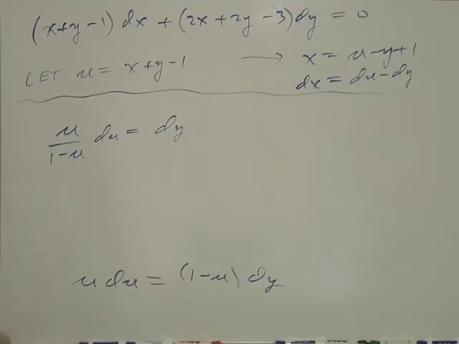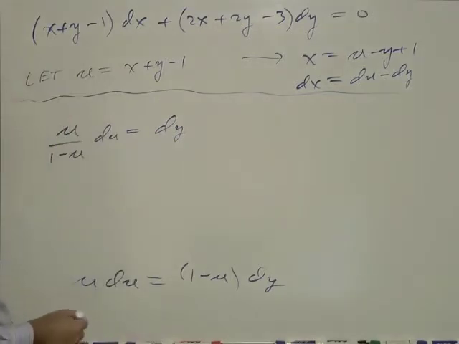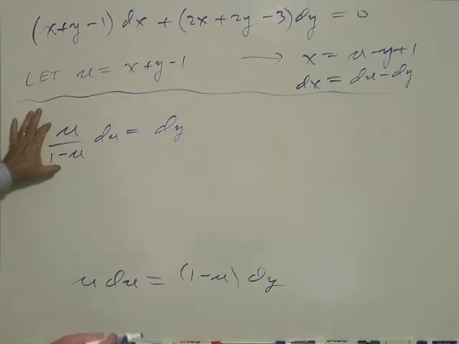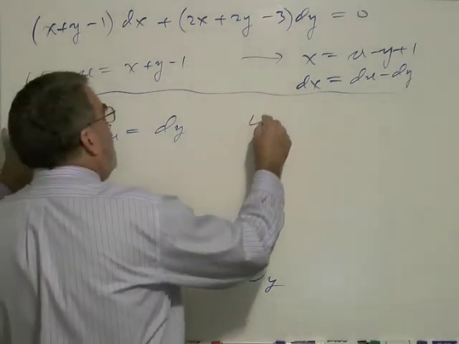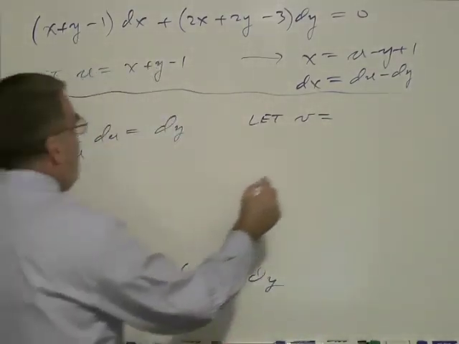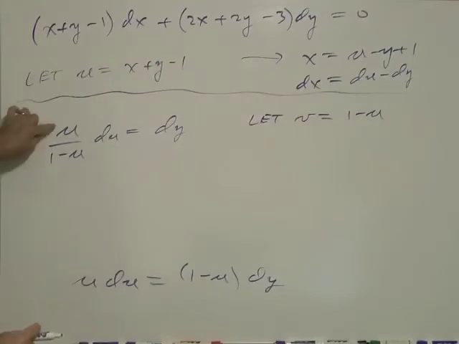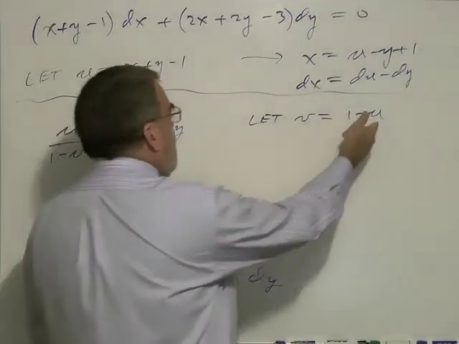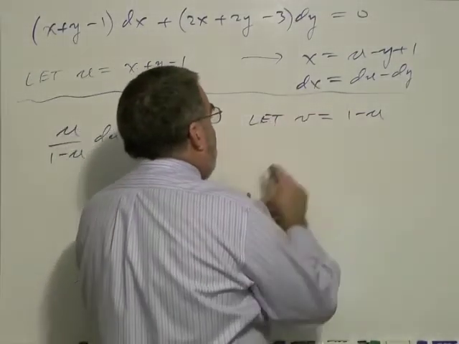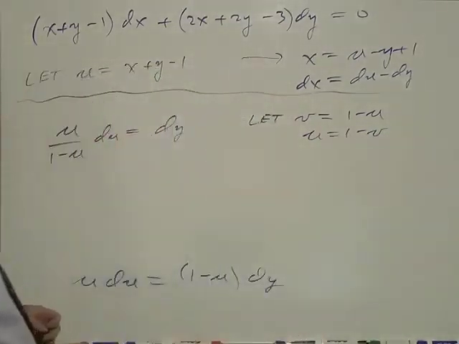How do you integrate that? Let's do a substitution here. Let's use v. I'm going to let v equal my denominator, 1 - u. To substitute for u, I've got to solve for u: u equals 1 - v.